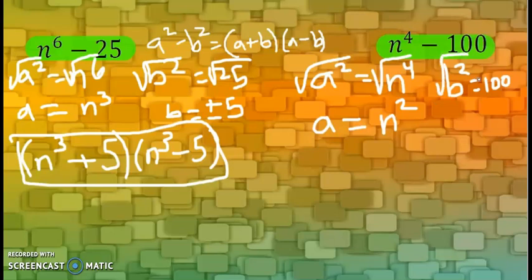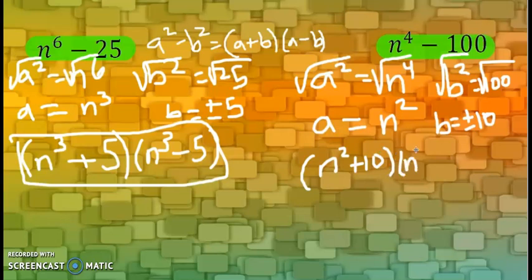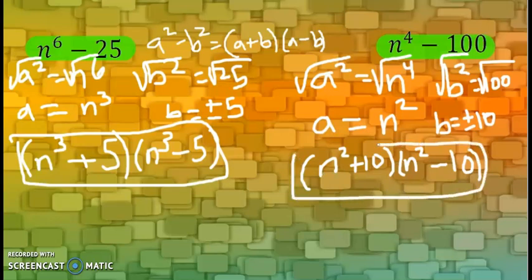Take the square root of both of these. We have b equals plus or minus 10. So when we plug that into the formula, we get n squared plus 10 times n squared minus 10. And that is our factored form using the difference of squares formula.